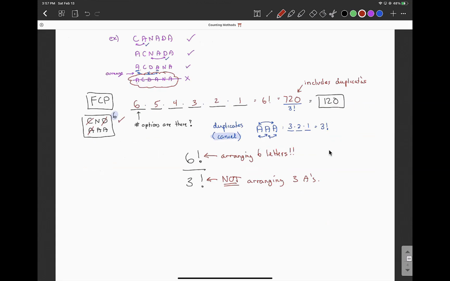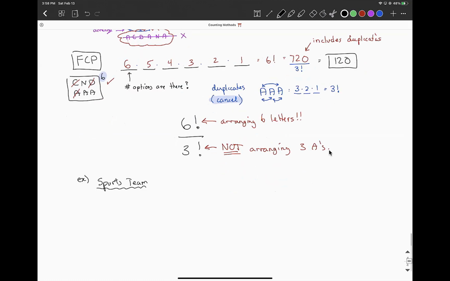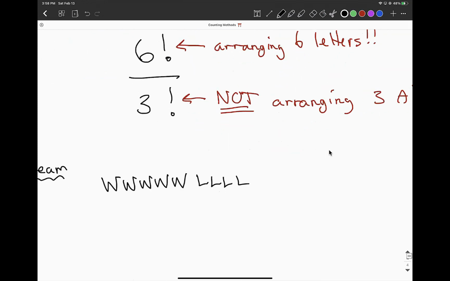We can look at a sports team, and we can say, for the first part of their season, they won a bunch of games, they lost a bunch of games, but how many ways could they have been 5-4?